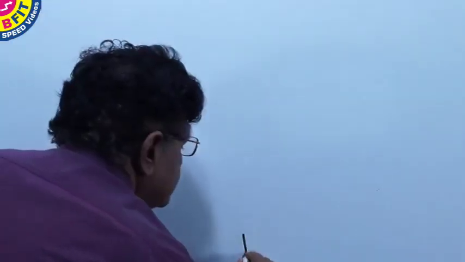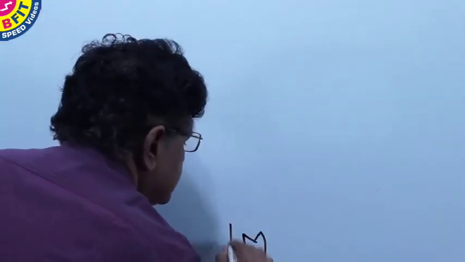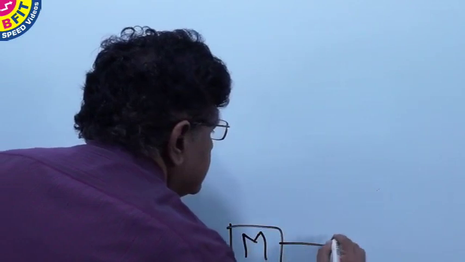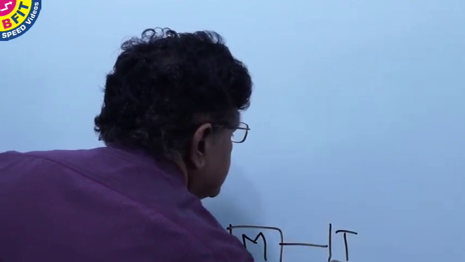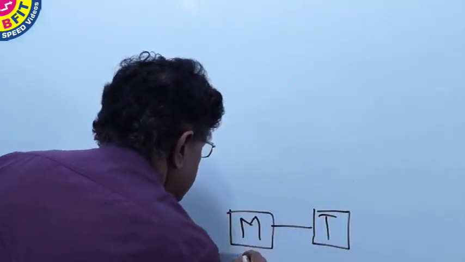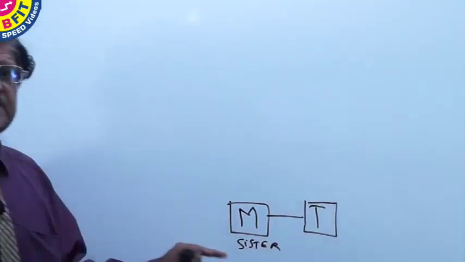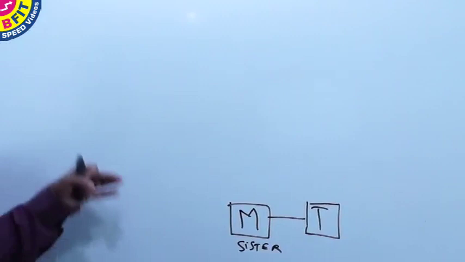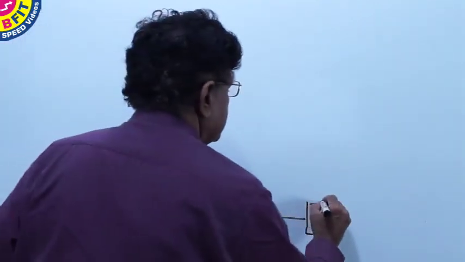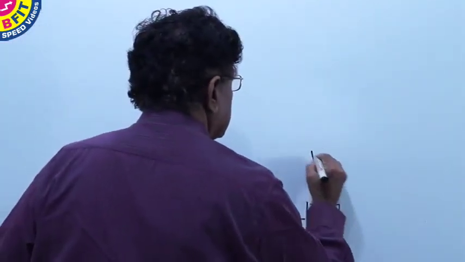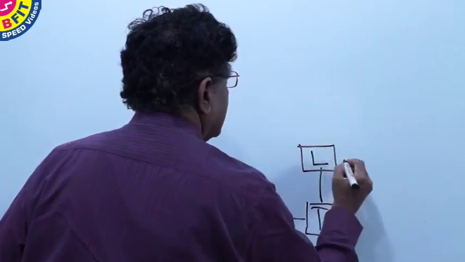M is T's sister. M is sister. L is T's mother.